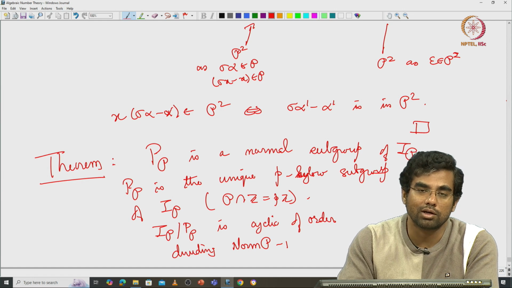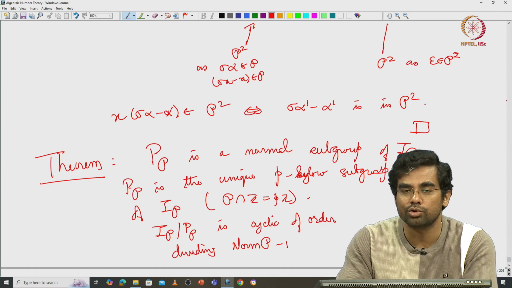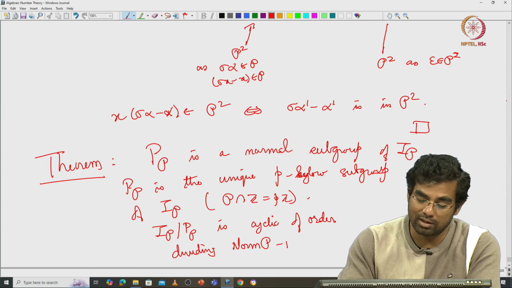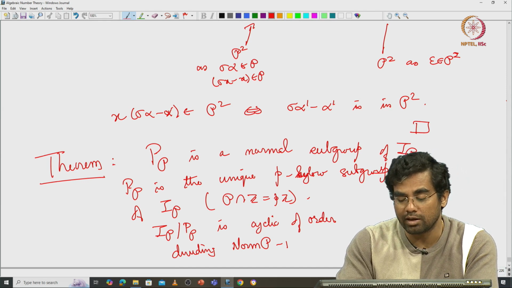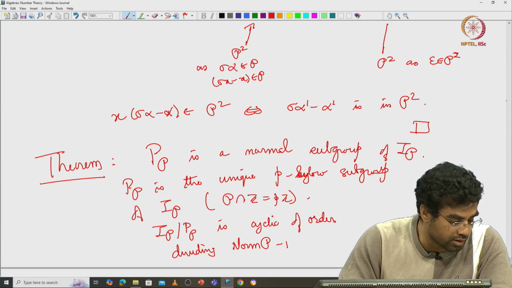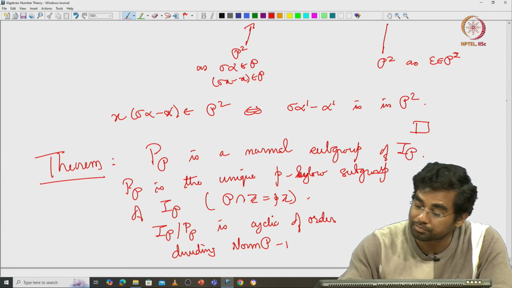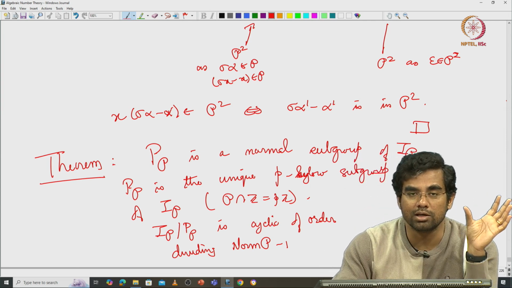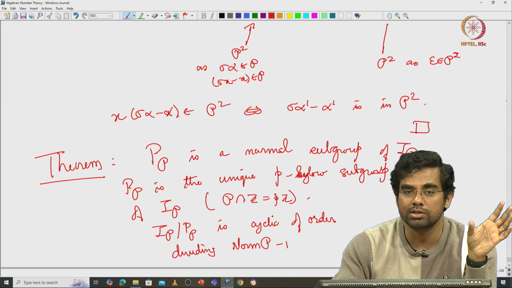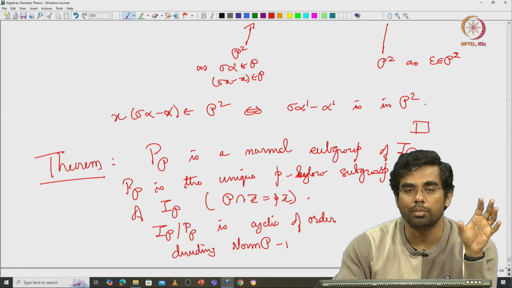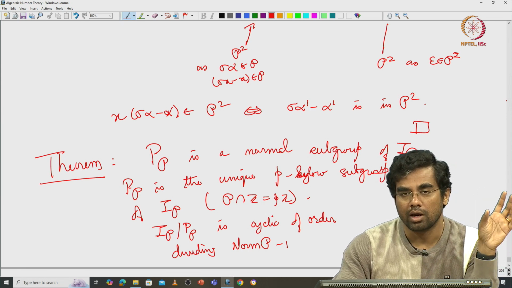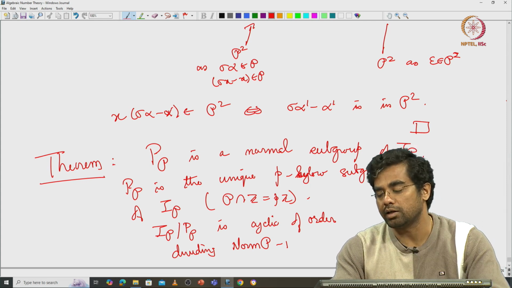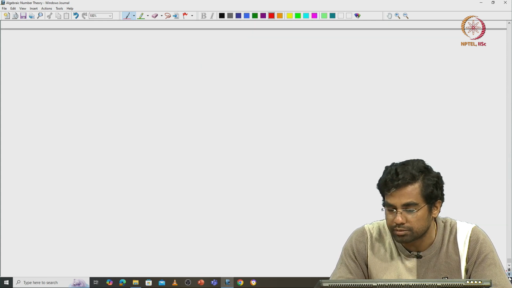If you are quotienting out by a p-Sylow subgroup, the quotient should not have order divisible by P, and it does not, and in fact it is a cyclic group, and we understand something about its order also. So that is amazing. This theorem tells you that this inertia subgroup, which is difficult to study, you can break up into two parts, wild inertia, which is a P group, and then the quotient, which is a cyclic group, and we know something about its order.